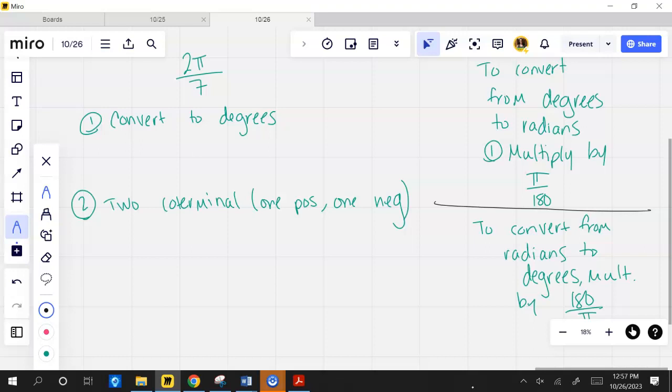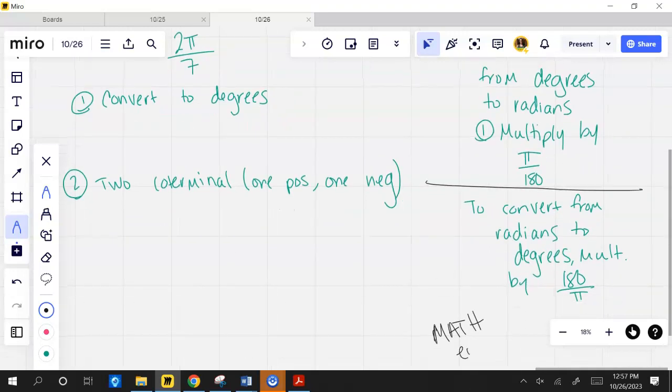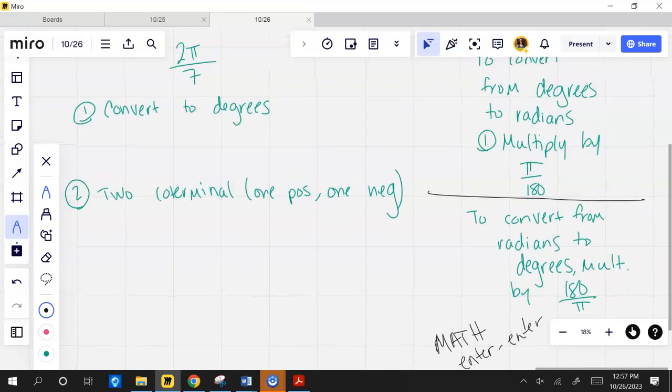Exact only, which means I'm going to need to do math enter. 360 over 7. So it's 360 over 7 degrees. I got 2 pi over 7, and I'm going to multiply by 180 over pi.